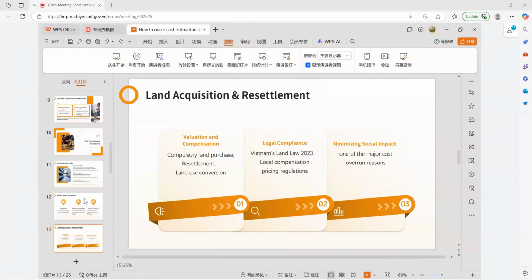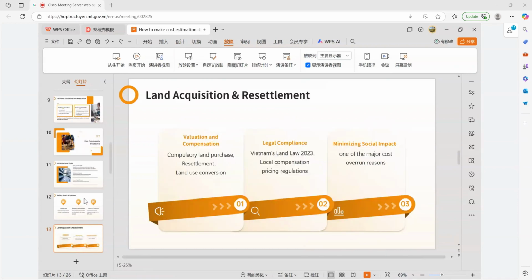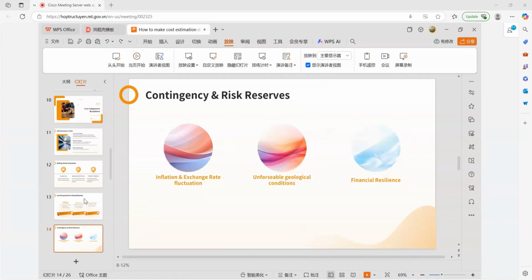Contingency and risk reserves shall be made to cover inflation in Vietnam and to cover the fluctuation of exchange rate between the currency in Vietnam and the currency of other countries where some equipment and machines come from.